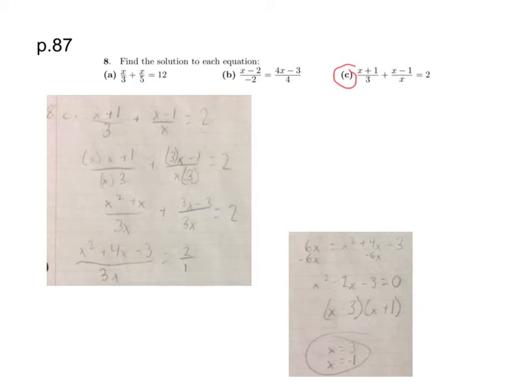Now we're going to set it equal to 0, so we need to subtract 6x. And we end up with x squared minus 2x minus 3 is equivalent to 0. Then you factor it out, get (x minus 3) and (x plus 1) in parentheses. And your final answer is going to be 3 and negative 1. And you plug those in, and you will get 2.